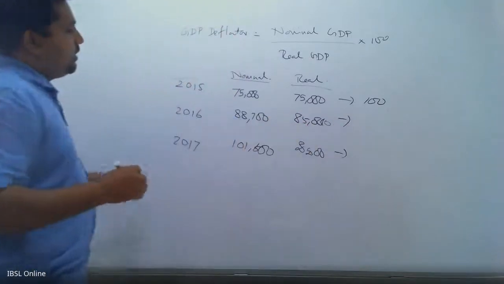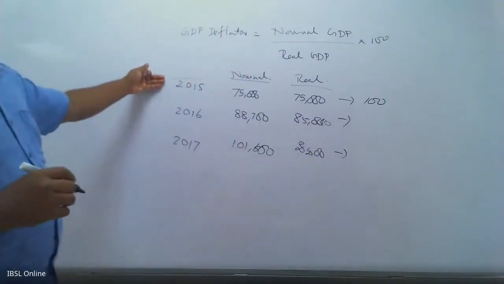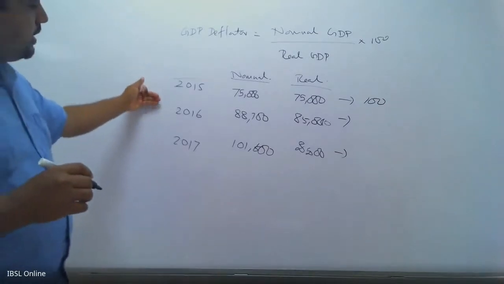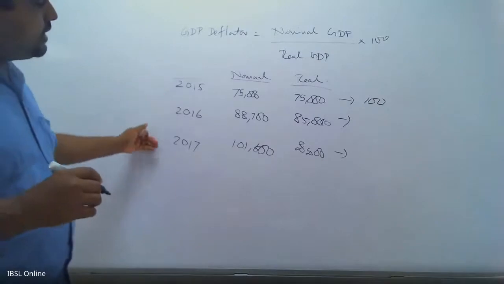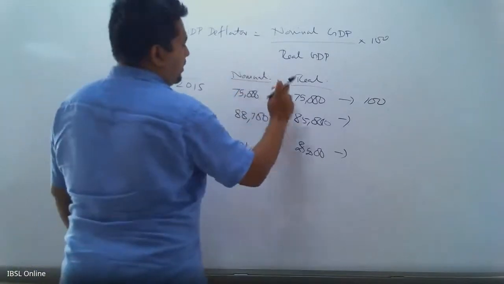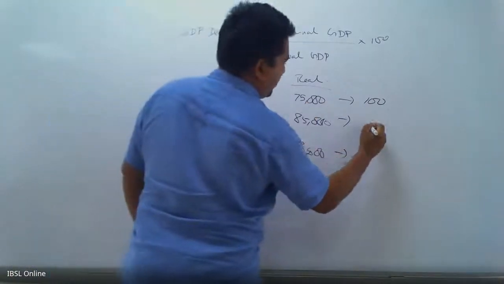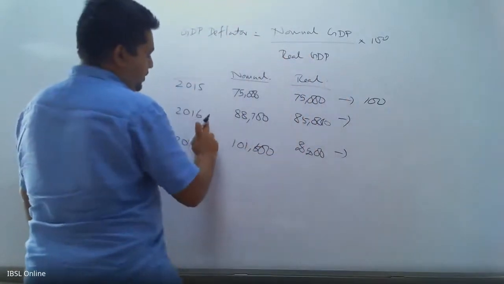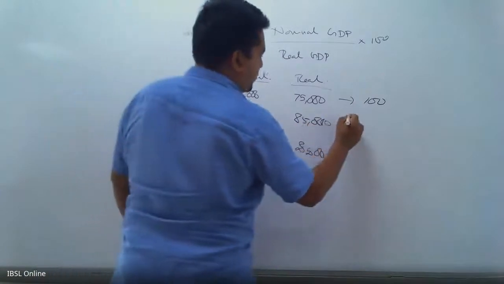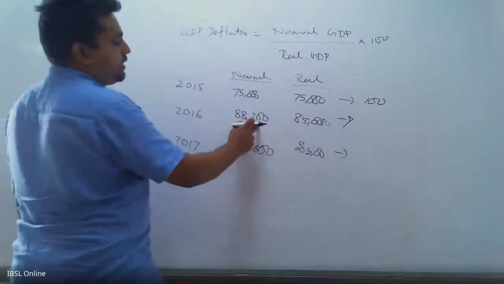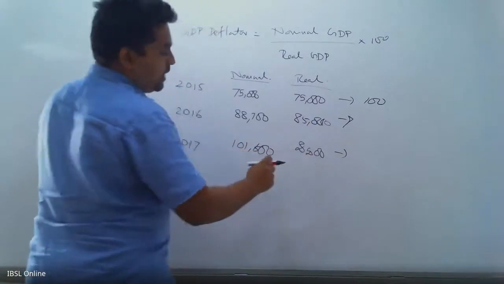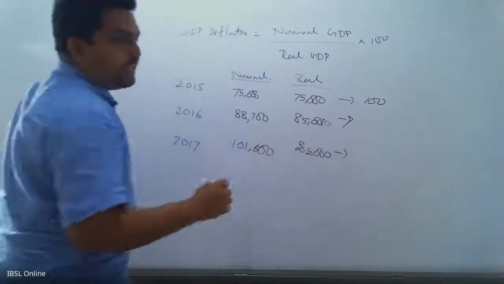Right. So assuming 2015 is going to be my base year, for the next years, all I'm merely calculating is the nominal divided by the real GDP to be the GDP deflator for these different years of 16, 17, and so on. So 88,700 divided by 85,000, 101,600 divided by 88,000.